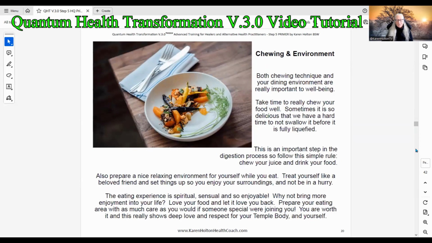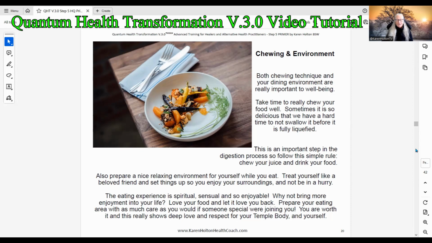Next, we're going to talk about chewing and environment. Both chewing technique and your dining environment are really important to well-being. Take time to really chew your food well. Sometimes it's so delicious that we have a hard time not to swallow it before it is liquefied. This is an important step in the digestion process, so follow this simple rule: chew your juice and drink your food.